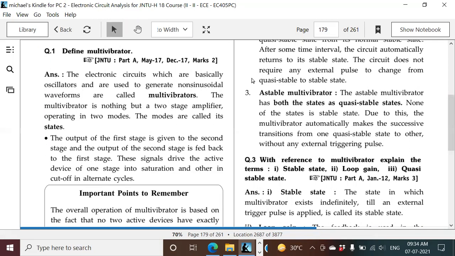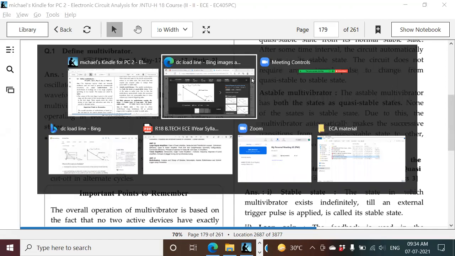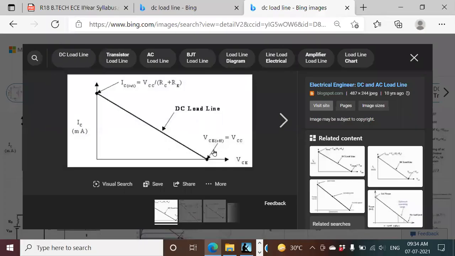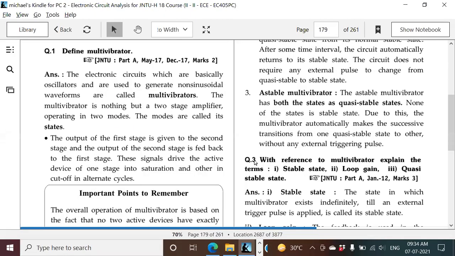See how we have the connections. We have two stages of transistor amplifier, and the transistor is operated in its extreme range, meaning either the transistor is off or it is on. The two stages of the amplifiers are connected such that the output of one stage acts as input to the other and vice versa.